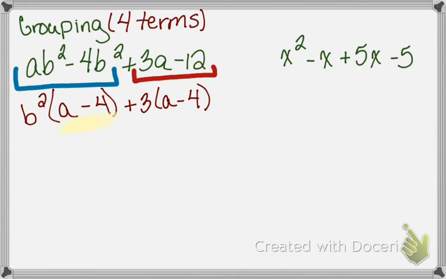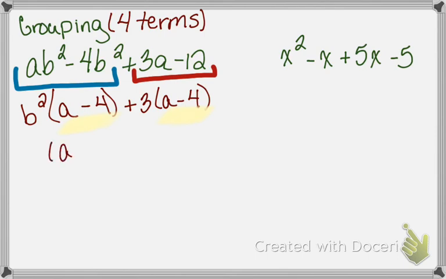Do you see how I have a minus 4 and a minus 4 right there? They have to be exactly the same. If they aren't exactly the same, then you can't factor by grouping. And sometimes that happens, and we have to do a new kind of factoring that we really focus on in Math 144.